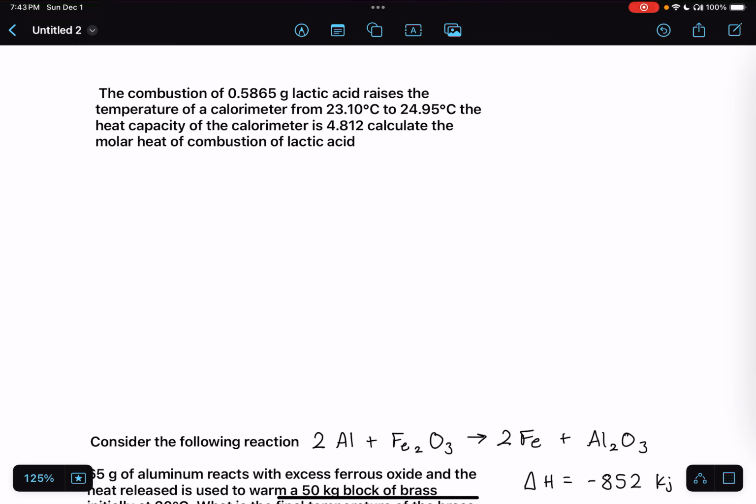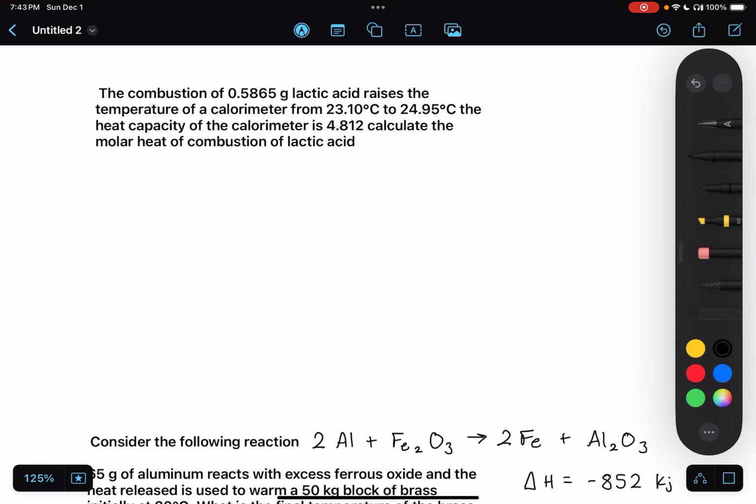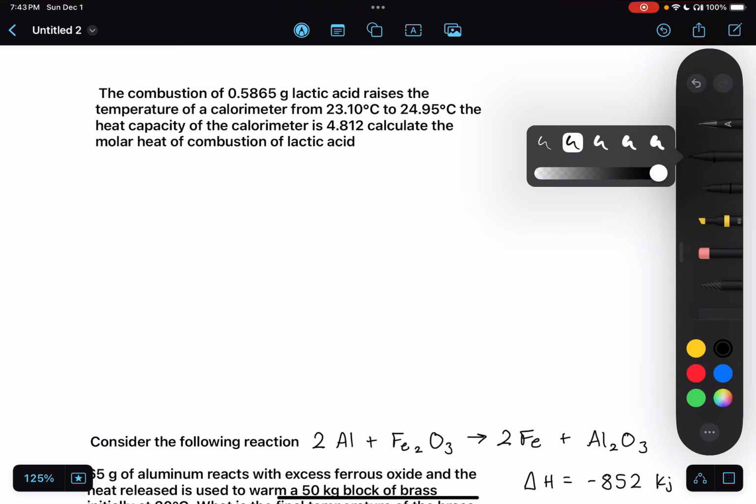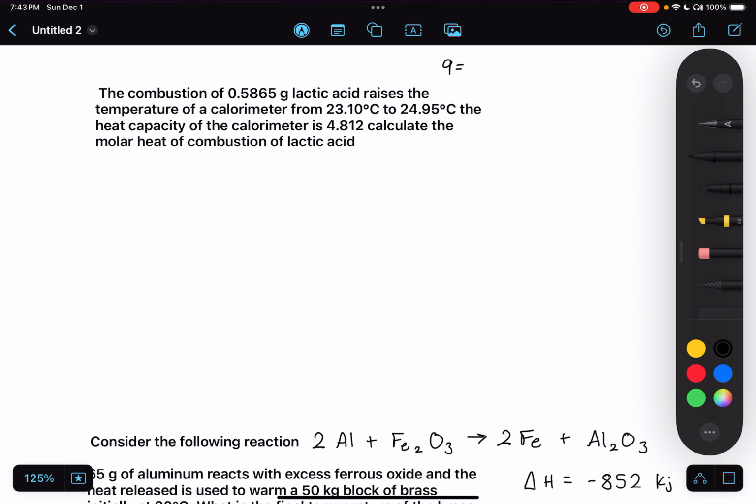This one, we're going to use a slightly different formula than what we've been using for heat. If you remember, for heat capacity, we were using Q equals mc delta T, where m was mass, c was heat capacity, delta T was temperature.